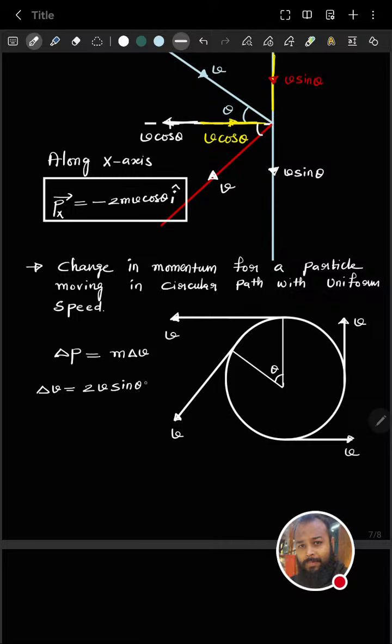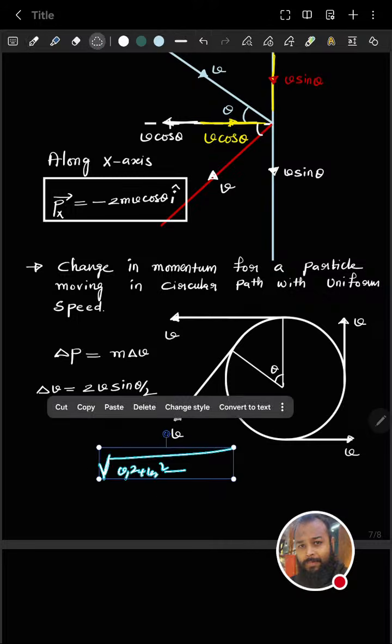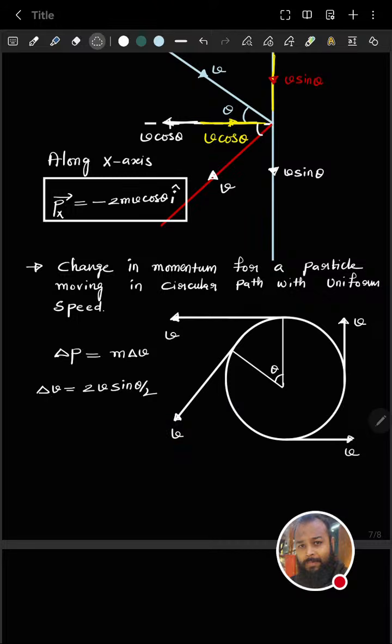You already know this one: root over v1 square plus v2 square minus 2 v1 v2 cos theta. We've done this in class. So 2v sin theta by 2. So the magnitude of change in momentum, multiplying with m, will be 2mv sin theta by 2.